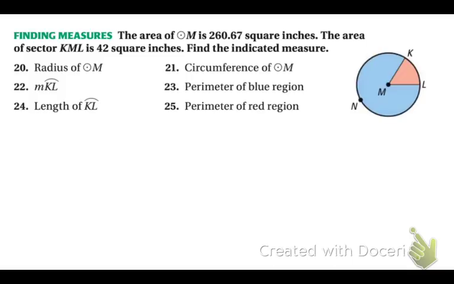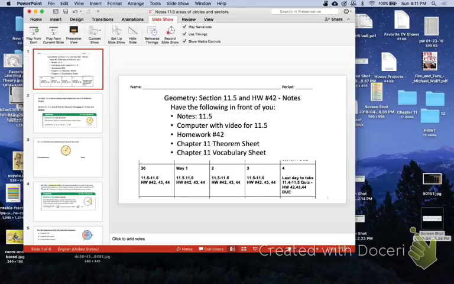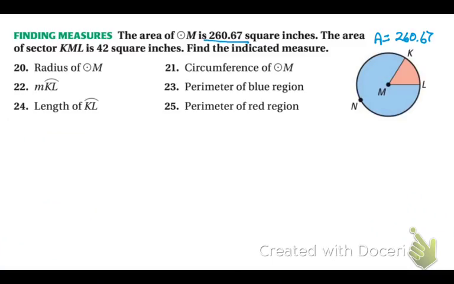The area of circle M is given, and it's 260.67 inches squared.